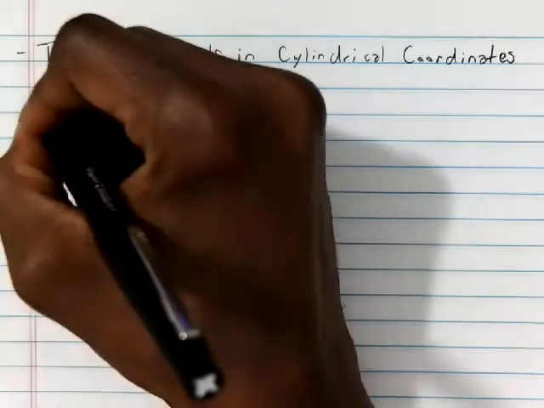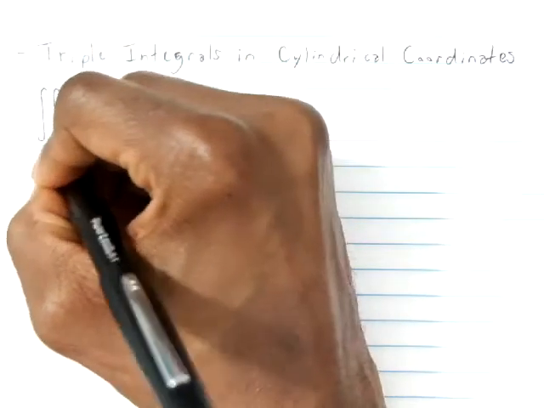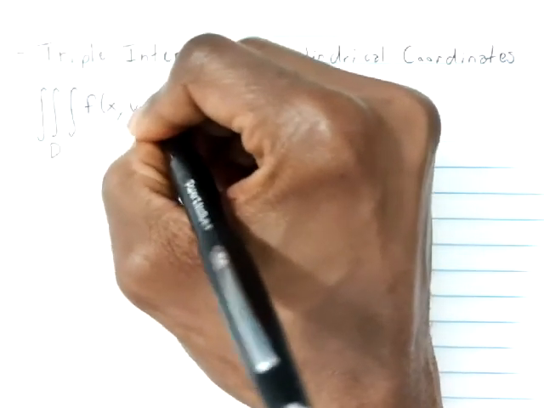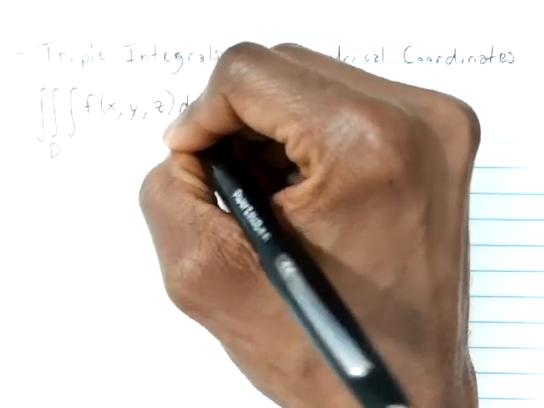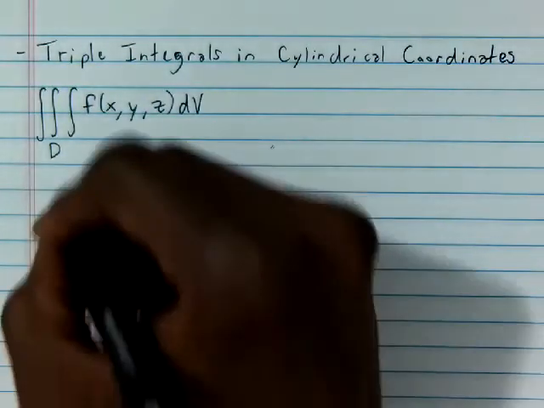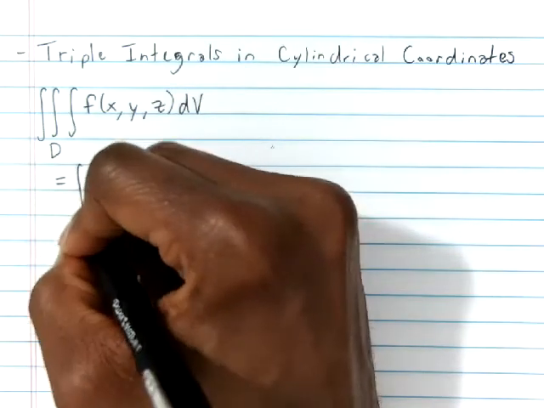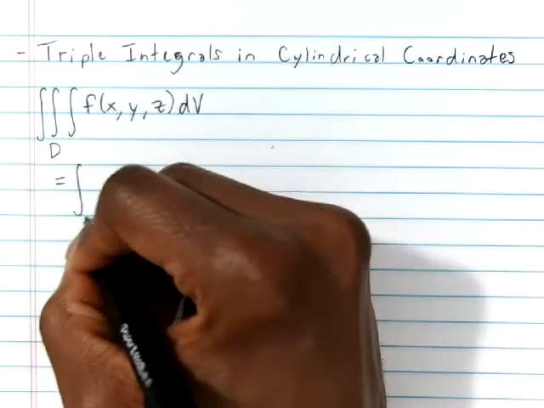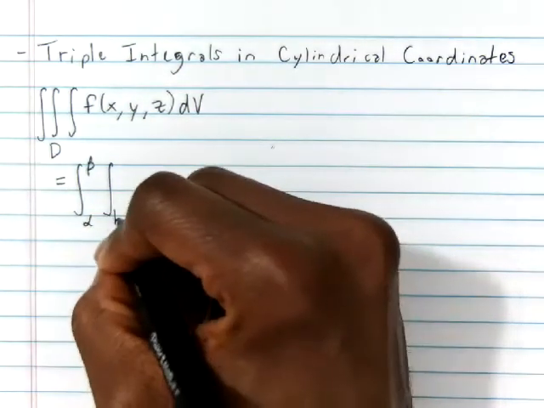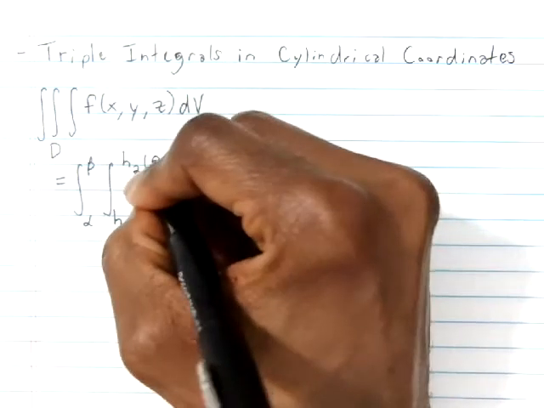So the triple integral over region D of f of x, y, z dV equals the iterated integral from alpha to beta, and then from h sub 1 of theta to h sub 2 of theta.